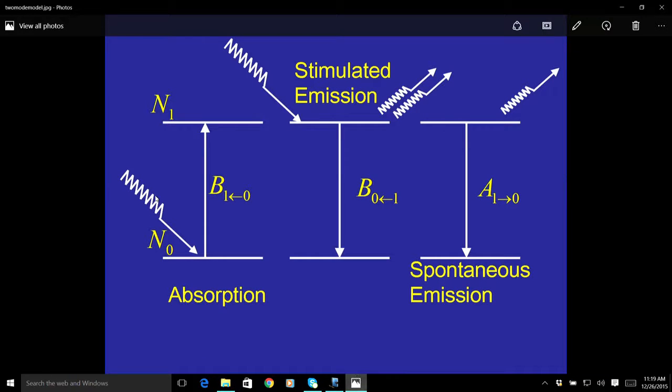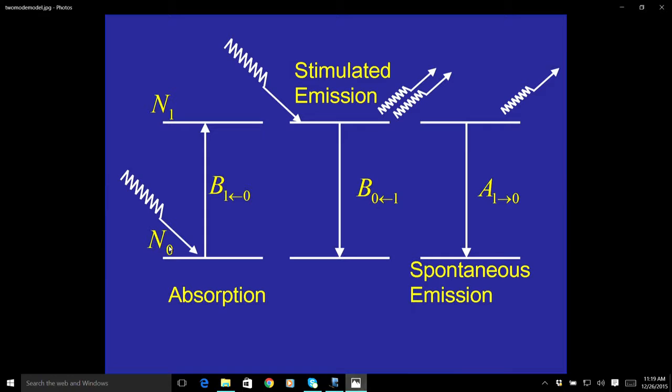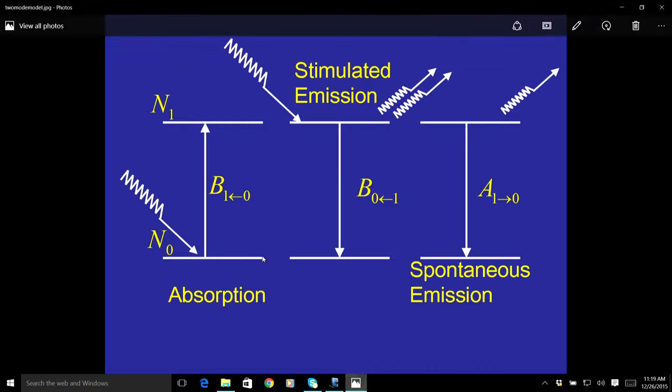The absorption process is when the radiation falls on a molecular system, a larger number of them, N0, in the lower energy state and N1 in the higher energy state. When radiation falls on a molecular system in the lower energy state, the molecule rises to the higher energy state through the process of radiation absorption.